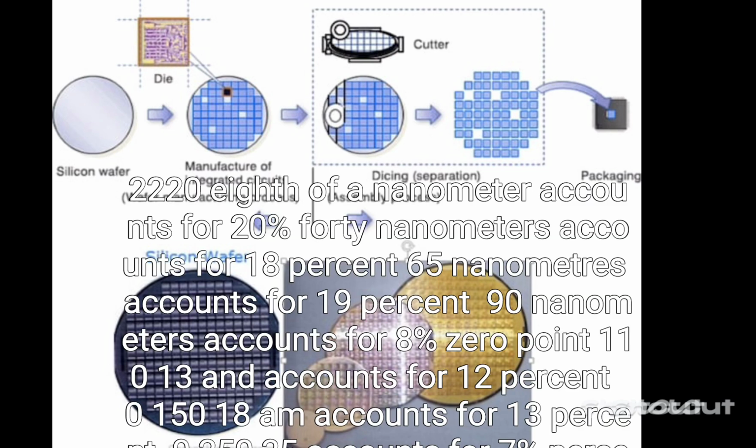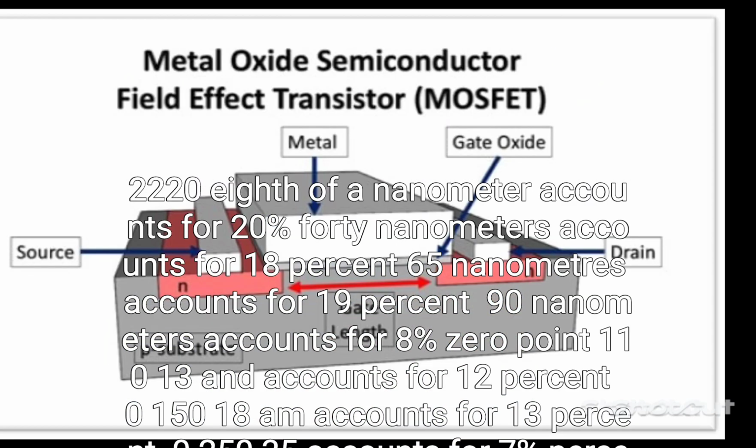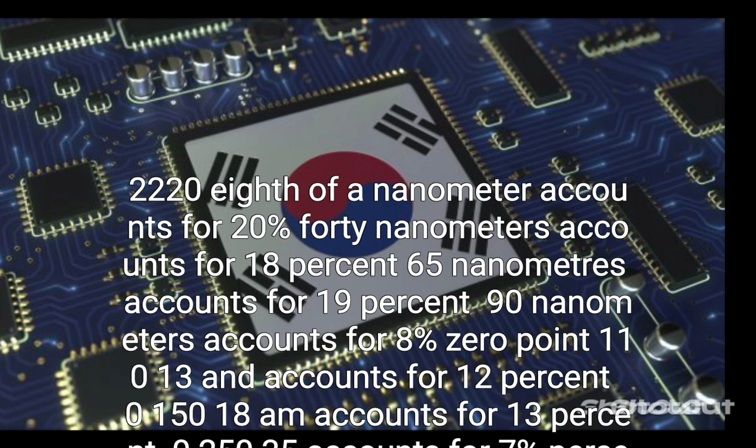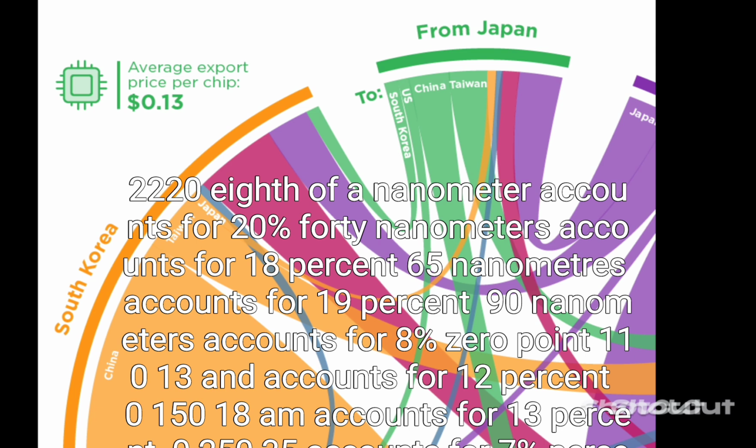The proportion of Q1 process in 2022: 22/28 nanometer accounts for 20%, 40 nanometers accounts for 18%, 65 nanometers accounts for 19%, 90 nanometers accounts for 8%, 0.11 and 0.13 micron accounts for 12%, 0.15 and 0.18 accounts for 13%, 0.25 and 0.35 accounts for 7%, and greater than or equal to 0.5 accounts for 3%.